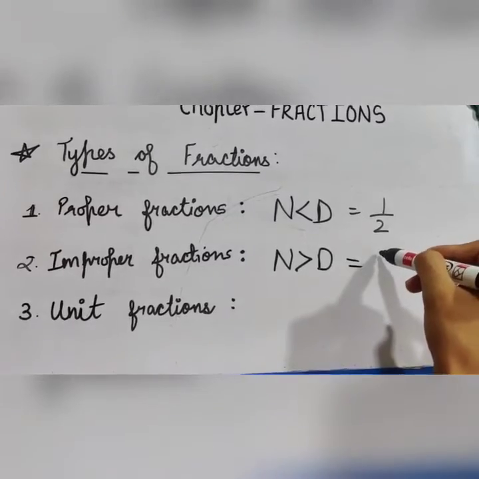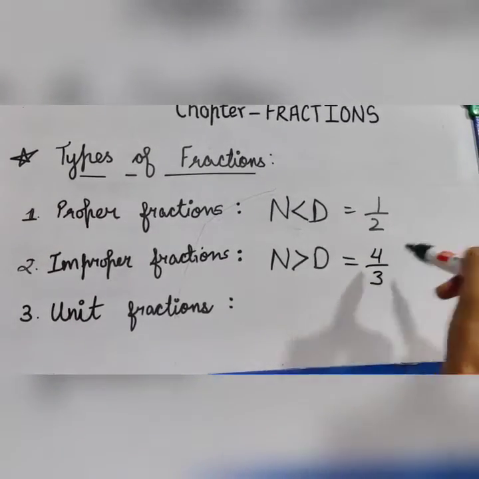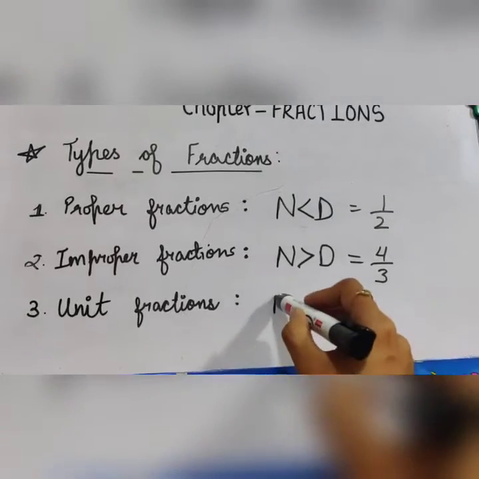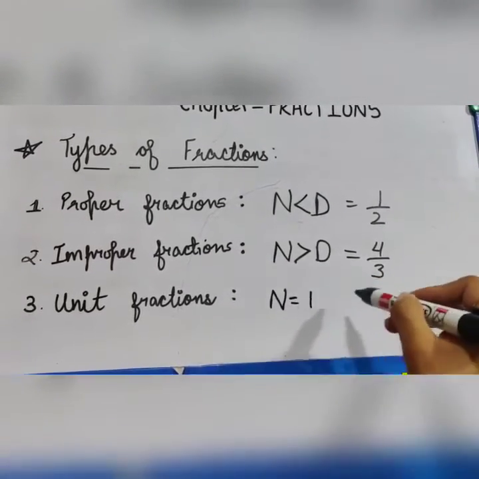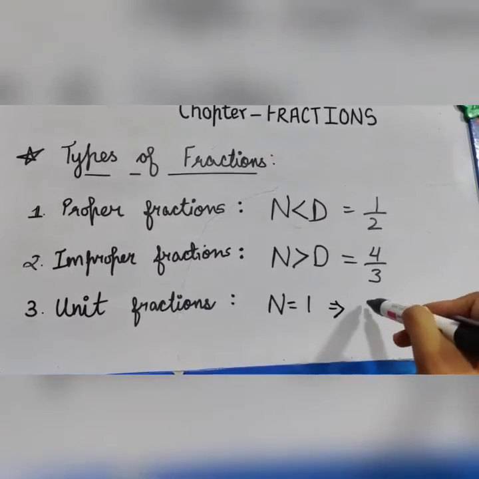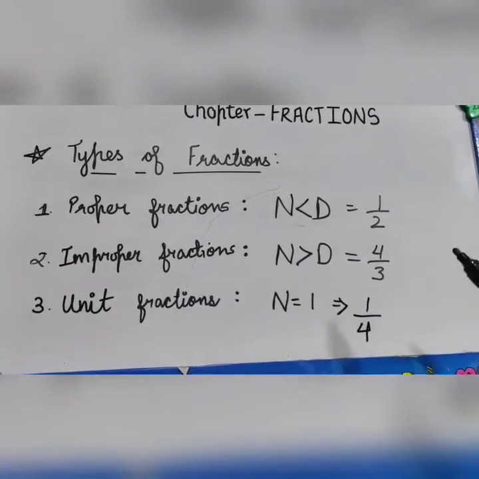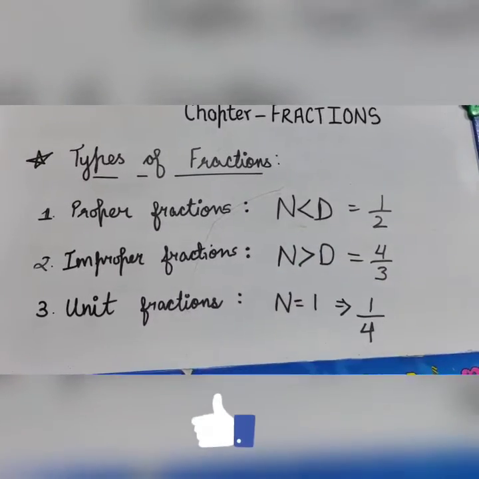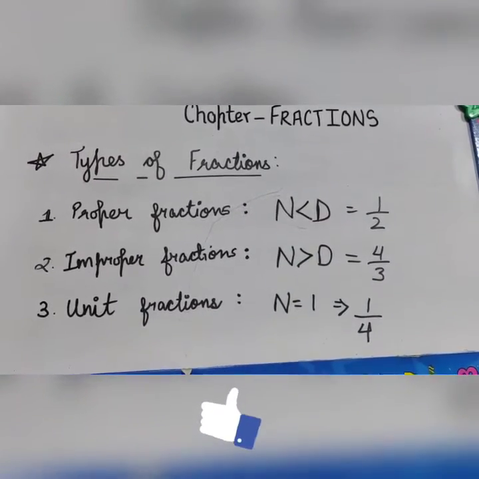Like example 4 upon 3. Unit fraction is whose numerator is equal to 1. Like for example 1 upon 4. So these are the 3 types of fractions.